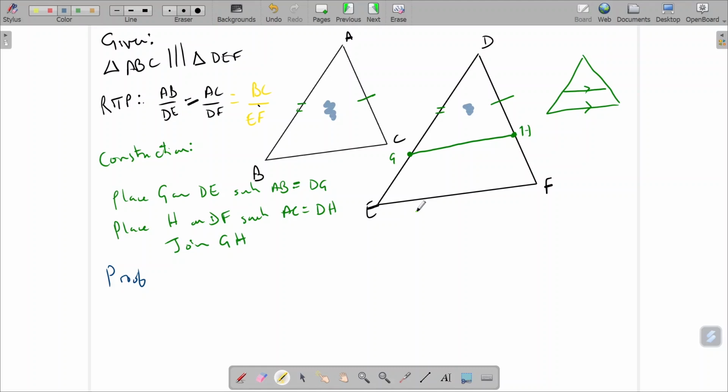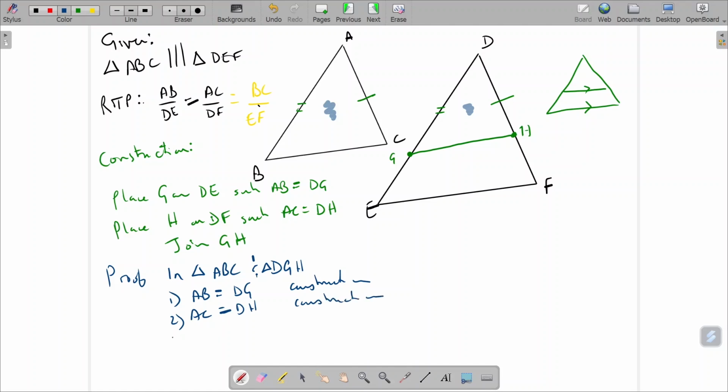Why, you might ask? Well, I need 3 facts, and so far I've been given 2. And so I'm going to look at it as follows. In triangle ABC and triangle DGH: 1, AB equals DG, construction. 2, AC equals DH, construction.